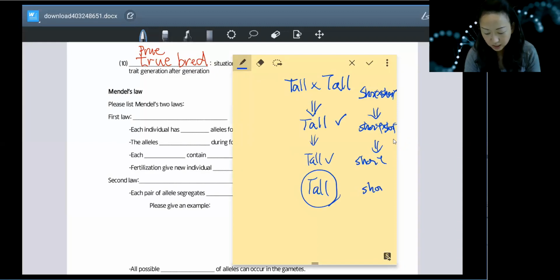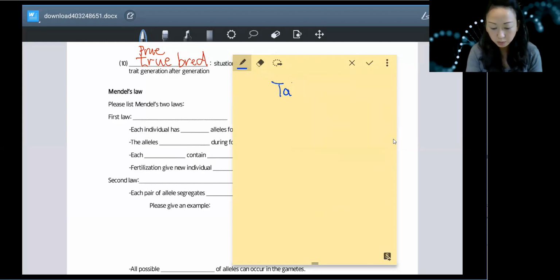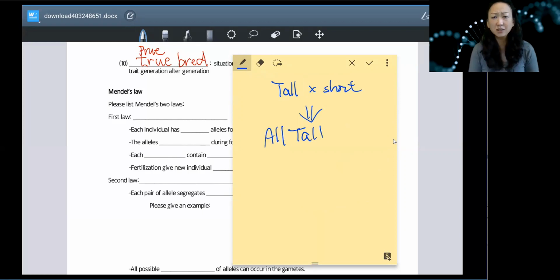So by now he's like, okay, good. These two have only the purest gene and I crossed them. Guess what he found? First, the purebred tall and the short, he ended up finding it's all tall, all of them. So that was puzzling to him. Where did the short go?